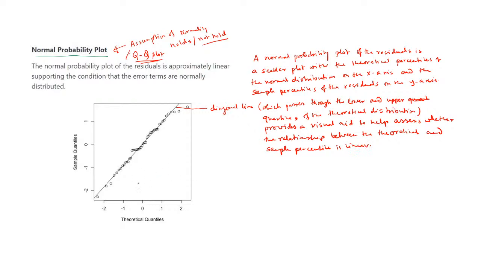If these points are close to the reference line or diagonal line, then we can say that the assumption of normality holds. Otherwise, this assumption does not hold.